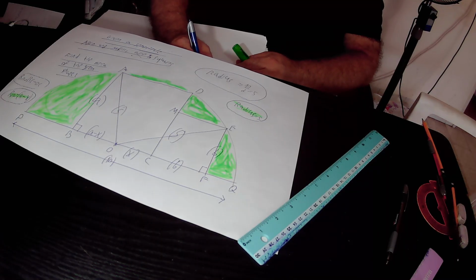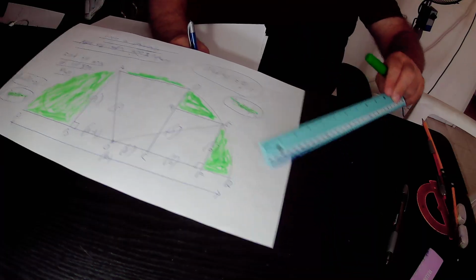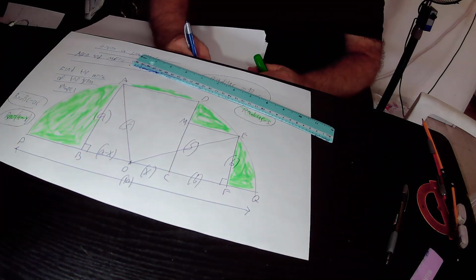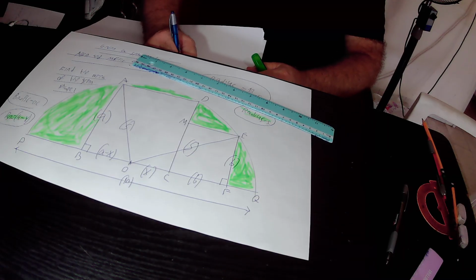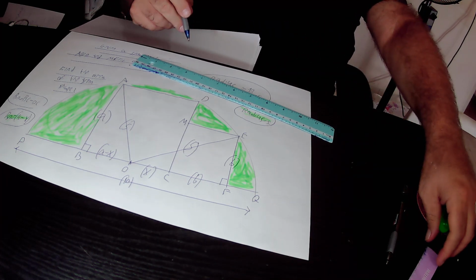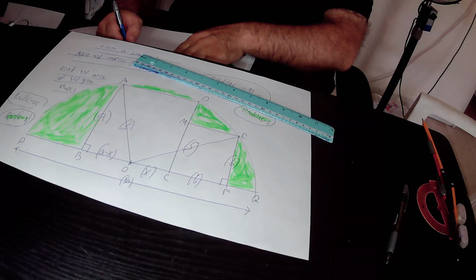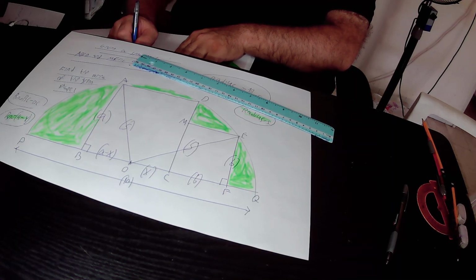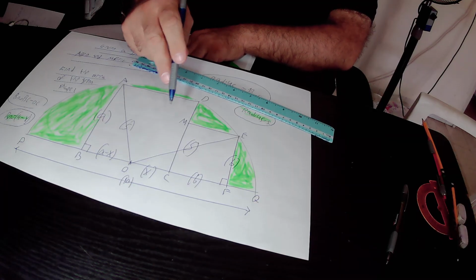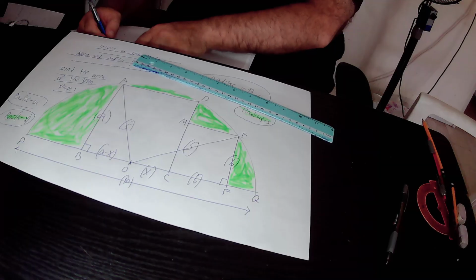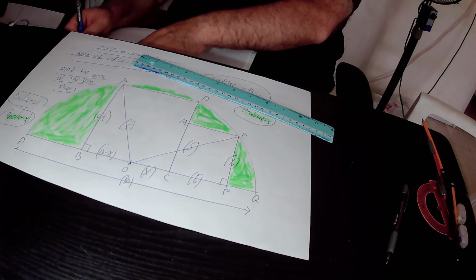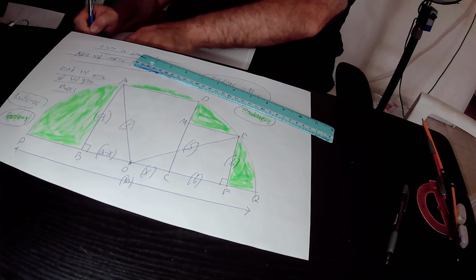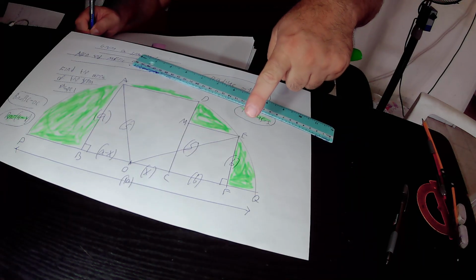From the drawing, it is very easy to see that the area of the green shape is equal to the area of the semicircle minus the area of the big square ABCD minus the area of this small square MEFC.